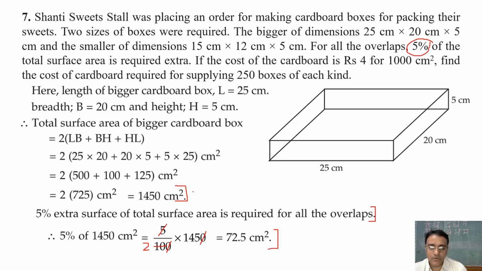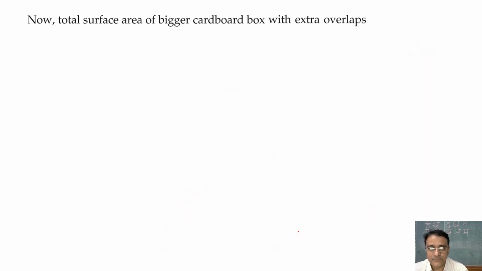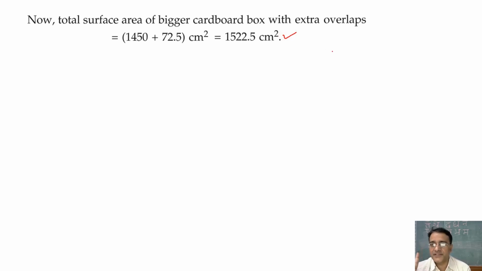ओके. अब ये दोनों को ऐड करेंगे तब हम लोग का एक कार्ड बॉक्स, बड़ा कार्ड बॉक्स का एरिया निकल जाएगा. Right, we will add both. So on adding we are getting 1522.5 centimeter square of total surface area of one bigger card box. How many card box required? 250.